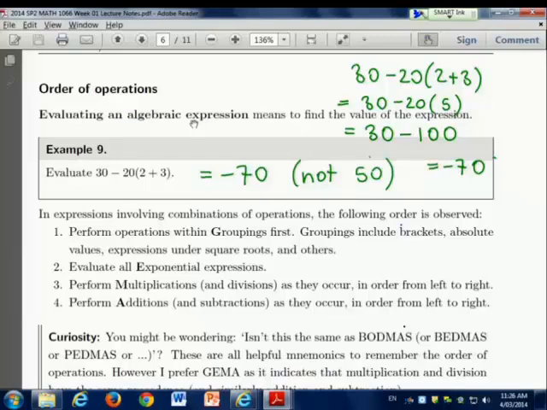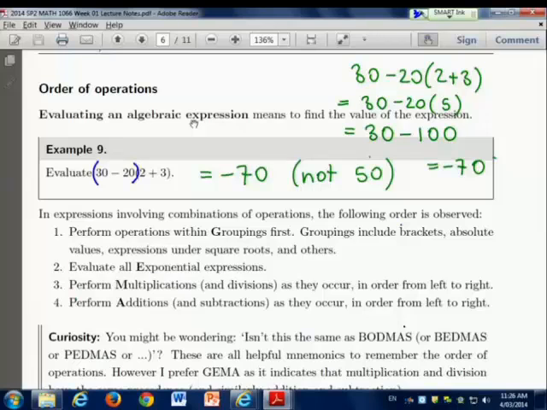Perhaps they did the 30 minus the 20 first, right? And the order of operations doesn't allow us to do that unless that's the very first thing we do. And so we could have put brackets there. And then we would get 10 times 5 and we'd get 50. Don't worry, I've never had a class yet that hasn't been split on whether it's minus 70 or 50.